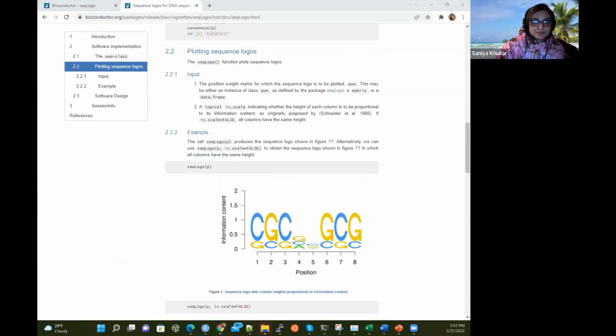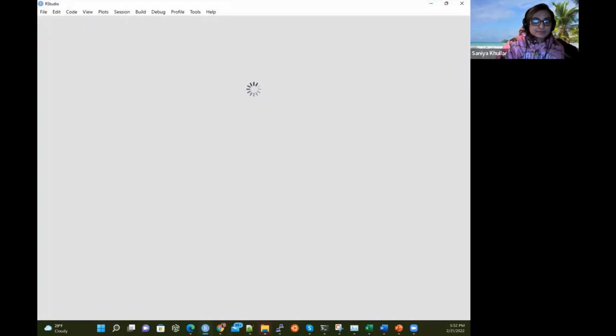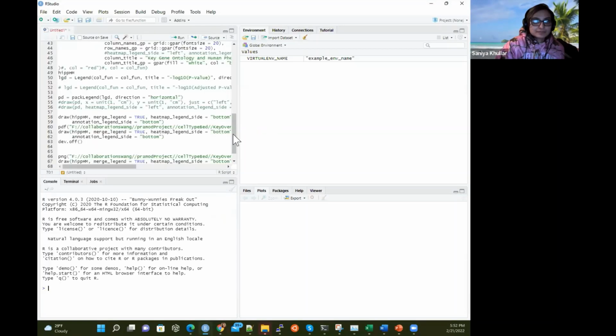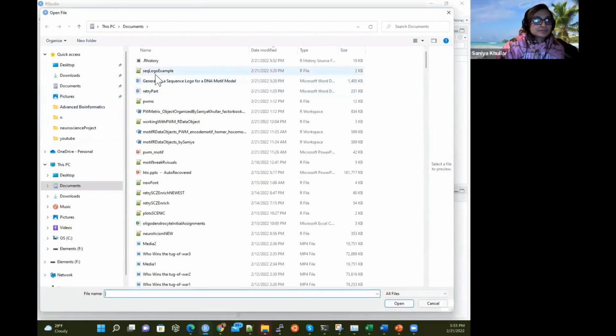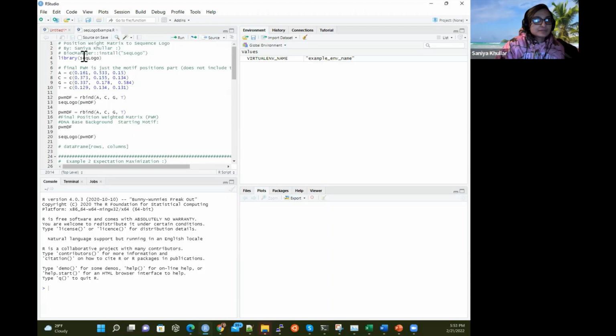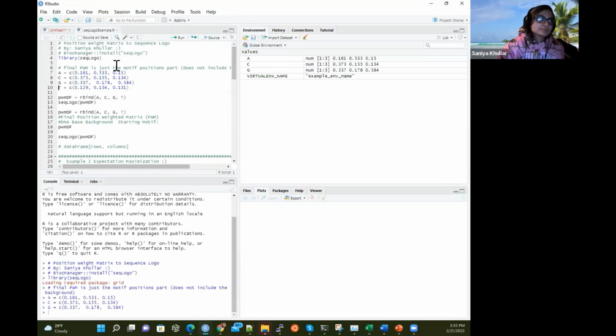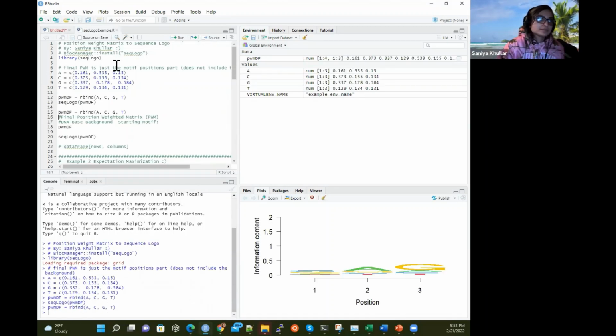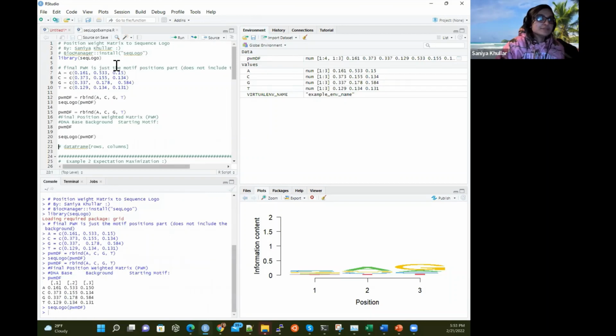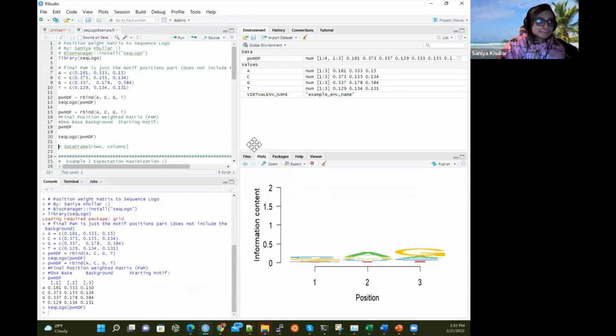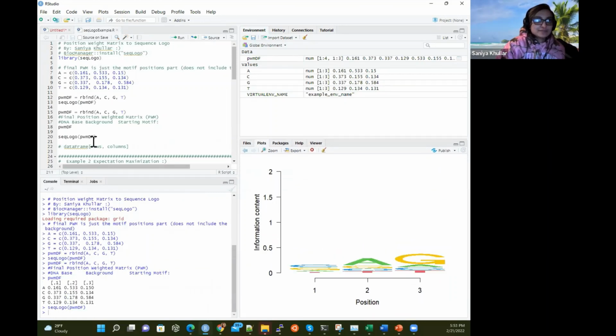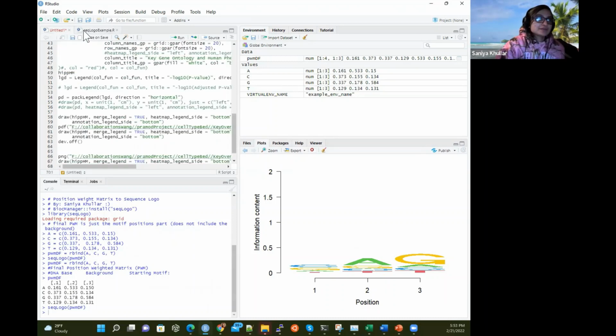So let's try to load in a fresh R session. And now you see that it's working. So basically, sometimes you just need to do that for it to work.